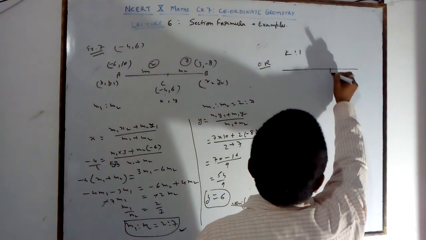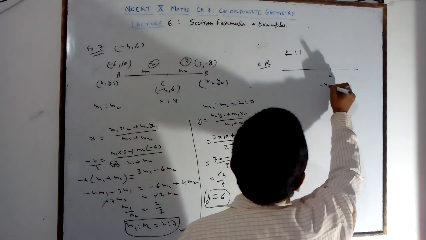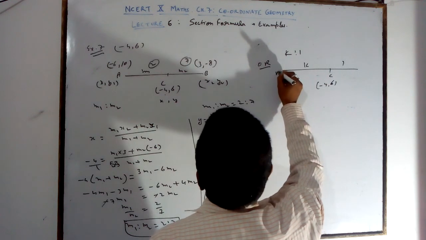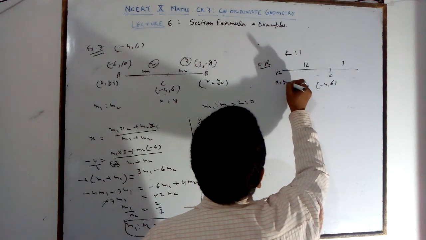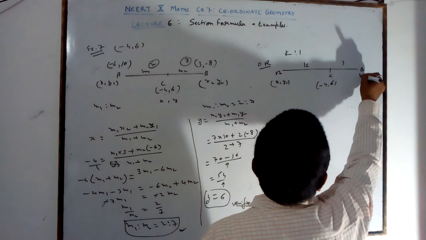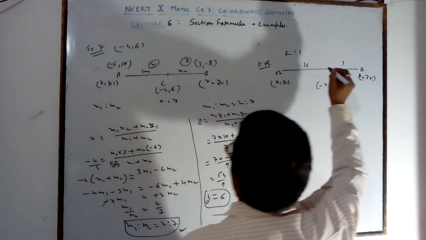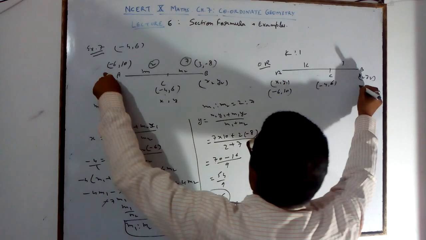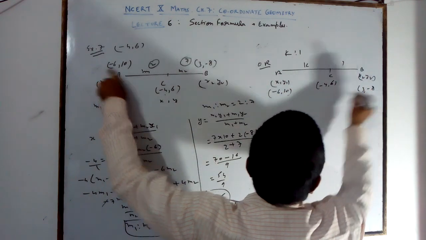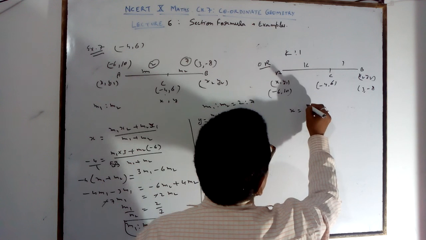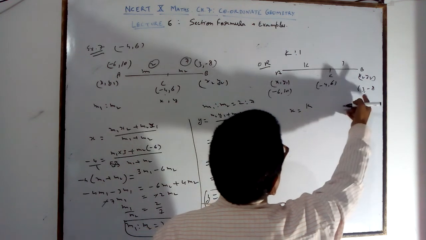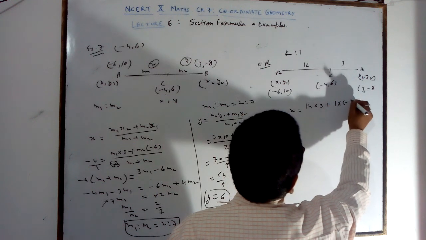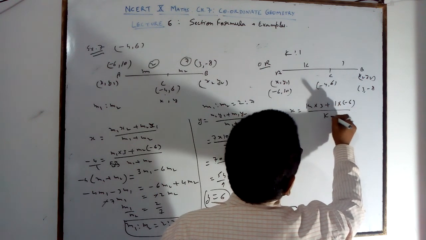So what will you get here? C is minus 4, 6, and the ratio is k to 1. A is x1, y1 and B is x2, y2, the same question: minus 6, 10 and 3, minus 8. What is x? K into 3 plus 1 into minus 6 upon k plus 1.